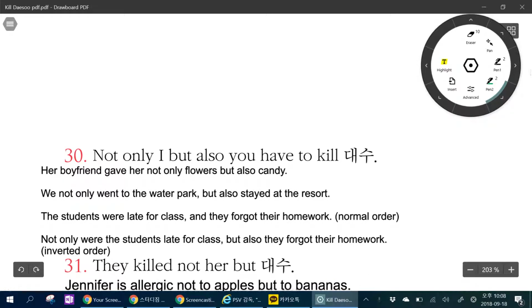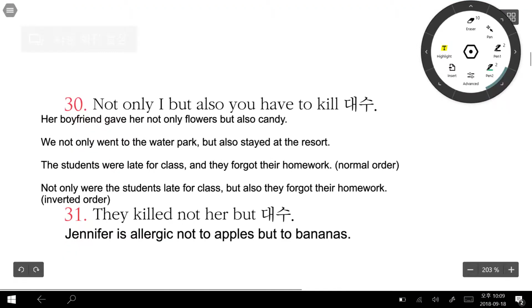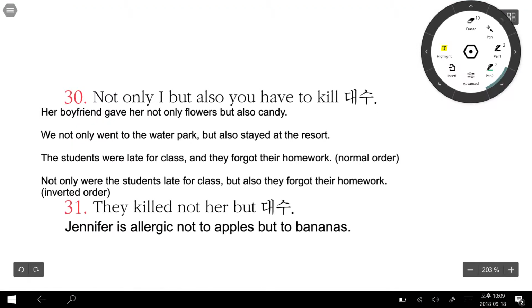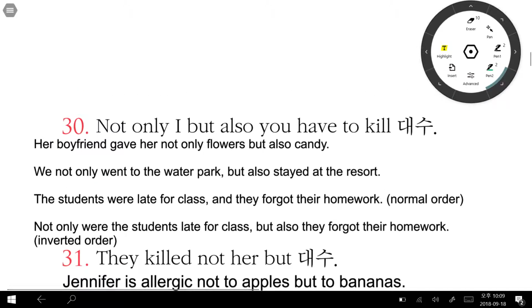Now we're going to look at sentences 30, 31, and 32. These sentences give us examples of what are called correlative conjunctions. These are similar to regular conjunctions, but they come in pairs that work together.